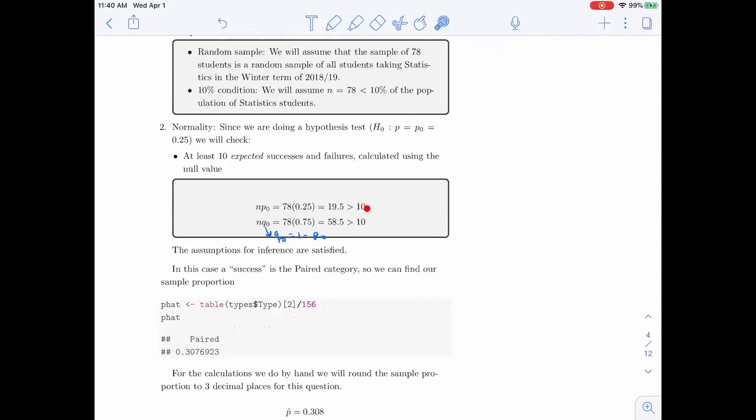So 19.5 is more than 10. So that's good, that checks out. 58.5 is more than 10, right? And so the assumptions for inference are satisfied. We've already done a version of this, so I'm not too concerned about explaining that again because we did that in the binomial setting.